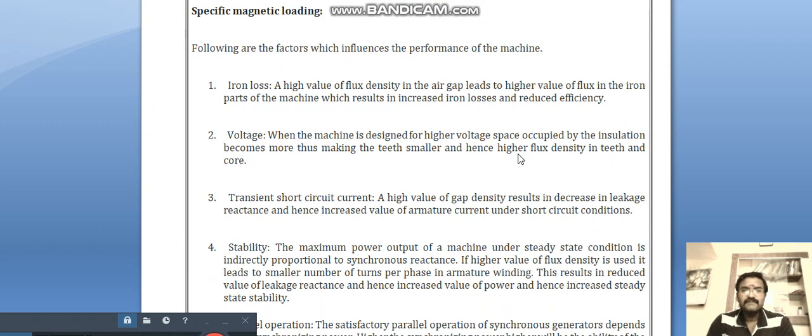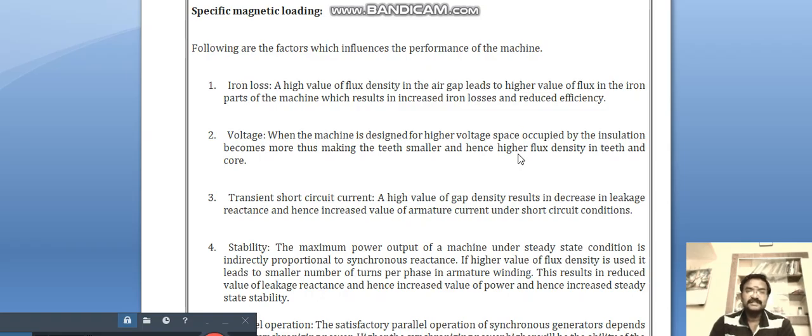Iron loss: a high value of flux density in the air gap leads to a higher value of flux in the iron parts of the machine, which results in increased iron losses and reduced efficiency. So when you go for a high value of specific magnetic loading, the iron loss will increase. At the same time, the efficiency of the machine will be reduced.